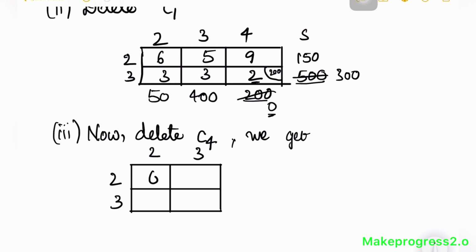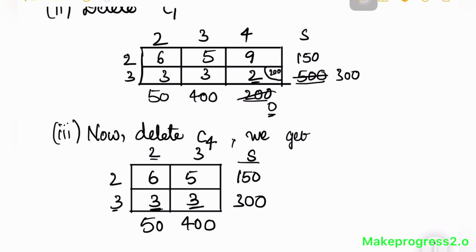So here you have 6, 5, 3, 3, and supply you will write as 150, 300, and demand 50, 400.